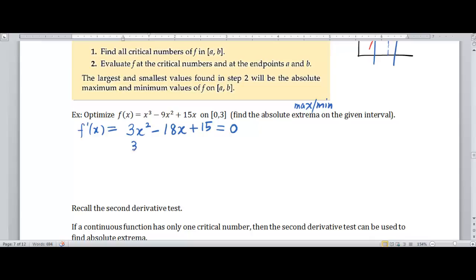I'm going to factor out a 3: x squared minus 6x plus 5 equals 0, and then I'm going to divide both sides by 3. Once I divide both sides by 3, this is gone. And then I can factor this. I want to think factors of 5 that add to give me negative 6. Oops, that's not right.